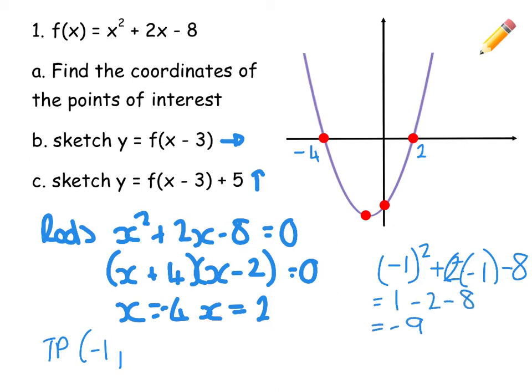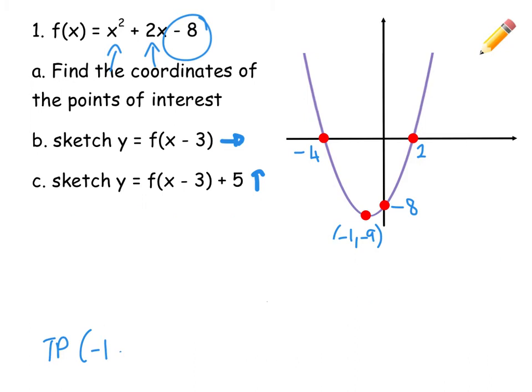So your turning point was at negative 1, negative 9. And your y-intercept is just minus 8 because that's just putting x as 0. So if you put x as 0 into here, the first 2 terms become 0 and you're just left with the minus 8. So, having done that, we can now go on to do the sketching bit of the movement.